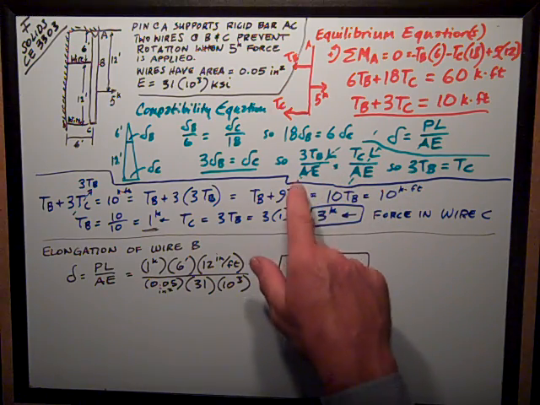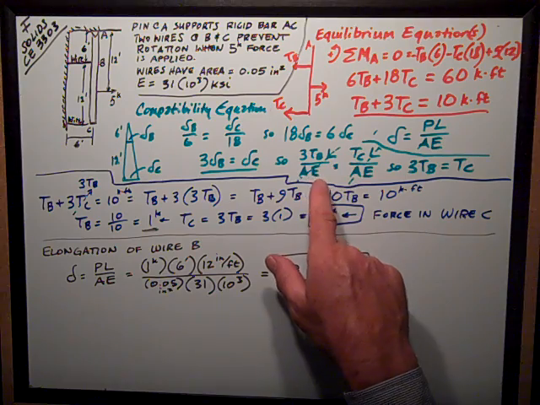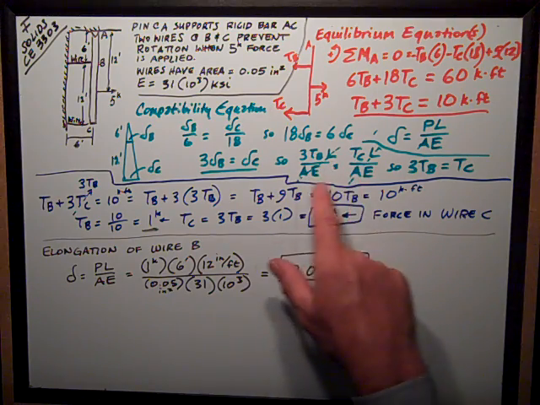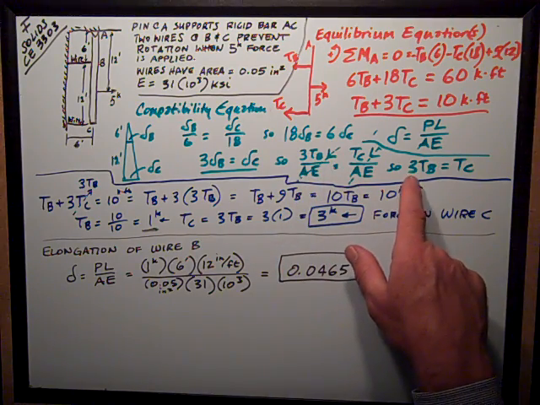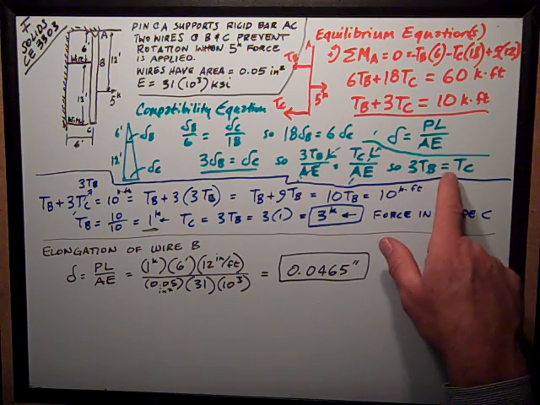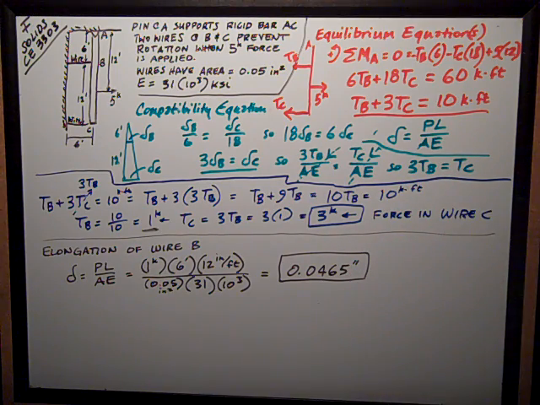The length, the area, and the Young's modulus are the same for each one, so I can eliminate that term. Simplify this compatibility equation down to 3 TB is equal to TC.